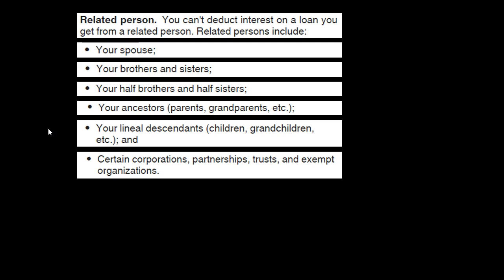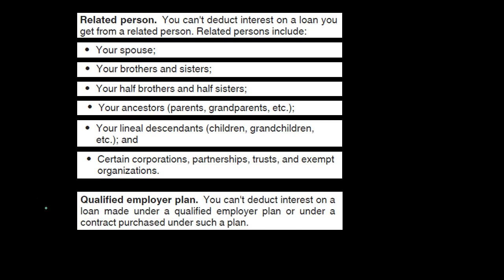In this case, they're saying no benefit for this particular interest deduction because, of course, if someone's related, the IRS is going to be skeptical as to the trueness of the loan. Or that's my rationale as to why the law may be. But in any case, these are going to be excluded. So related person here, you can't deduct interest on a loan you get from a related person, typically for the education loan. Back to the text.